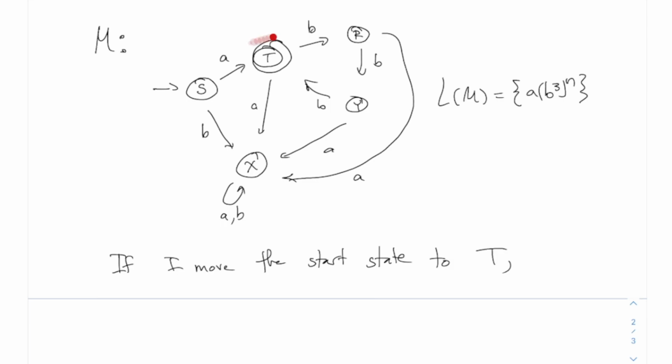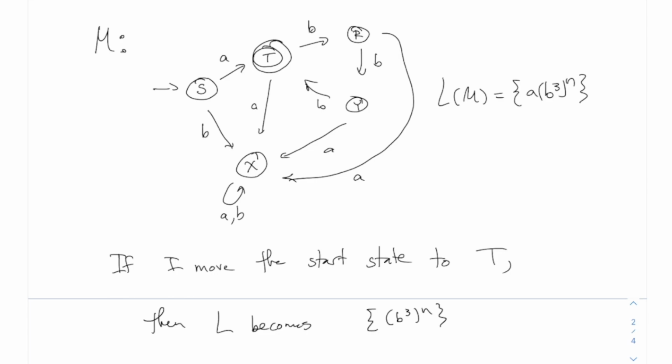If you start here instead of starting back here, if I start at T instead, it means I no longer have to do this a at the beginning, all right? And so the language here is the same, only that initial a, you can just leave it out. And you get actually the rest of it. So if I move the start state to T, then the language L becomes just (bbb)^n, right? That a goes away.